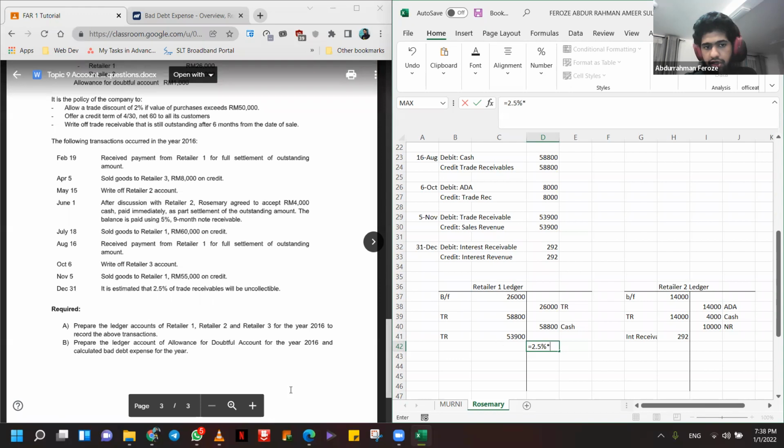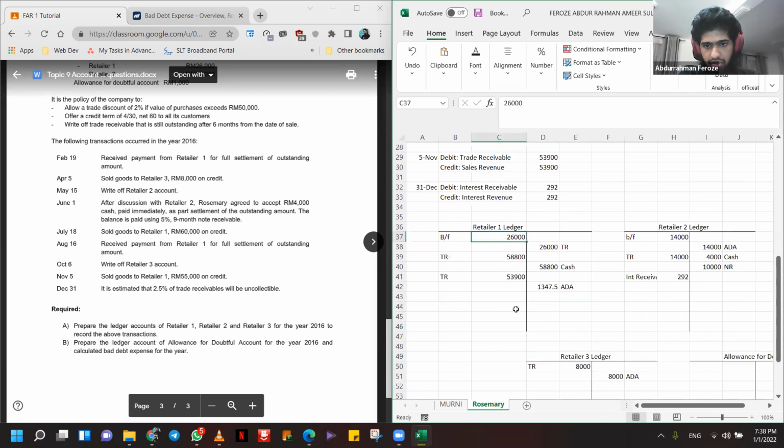We put that as the ADA, because this is what the company regards as uncollectible, and then we balance it off. This would be 138,700.